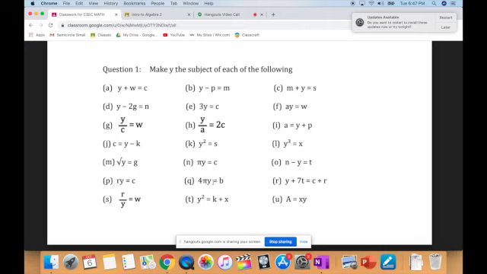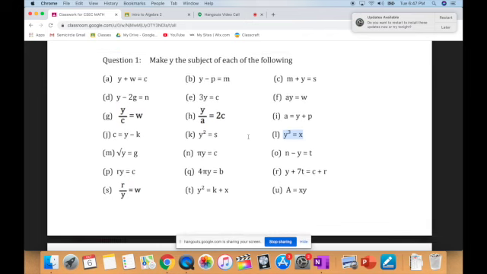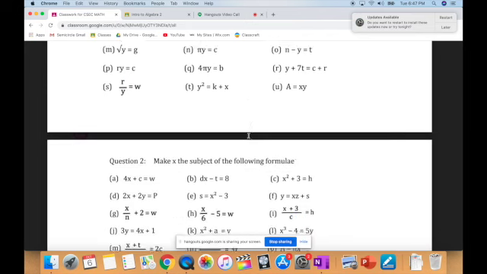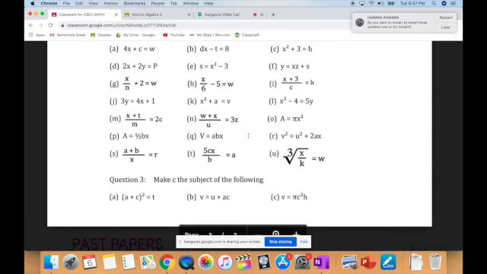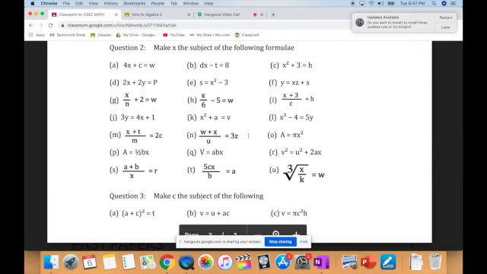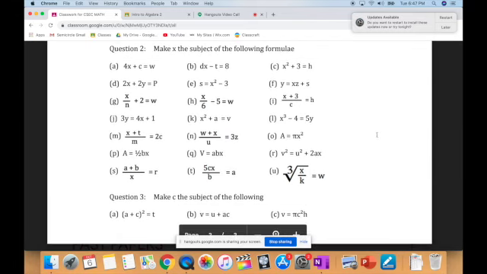Over here we have some simple subject of the formula questions, really easy, but then it'll have some of them like this one here that might tie up your head a little bit, or even this one here. So I really want to see what you guys are gonna do for some of those. And then on this side we have just some slightly tougher subject of the formula questions, right?